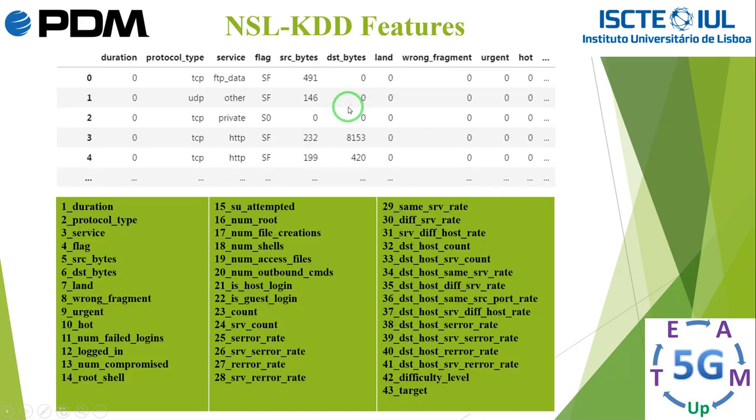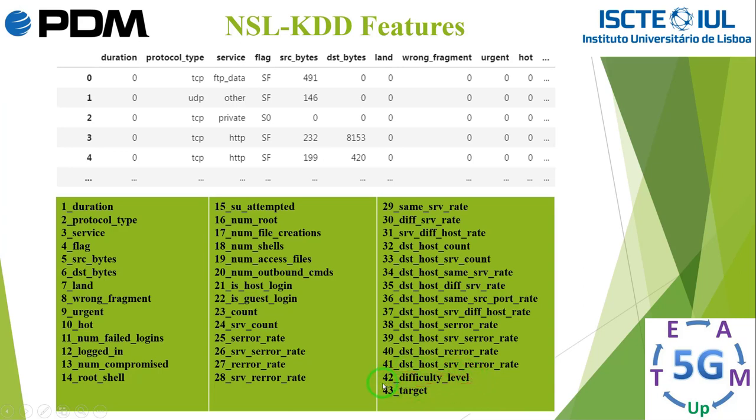dataset. If we look at the NSL-KDD features, we can see that it contains different kinds of features, 43 in total. According to the source you download your dataset from, it may or may not contain the difficulty level.